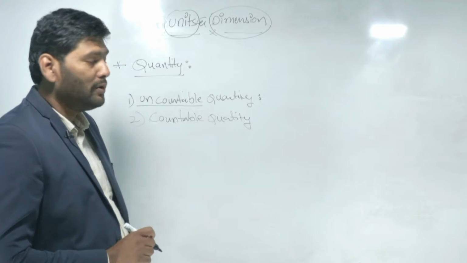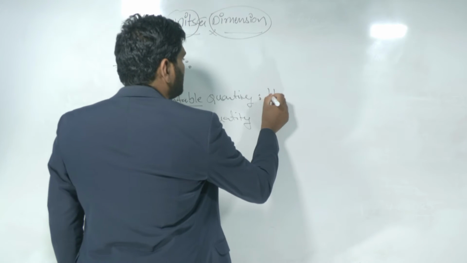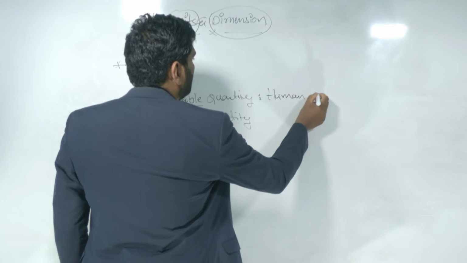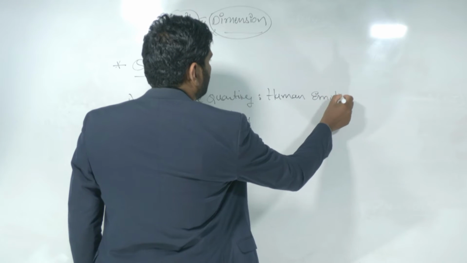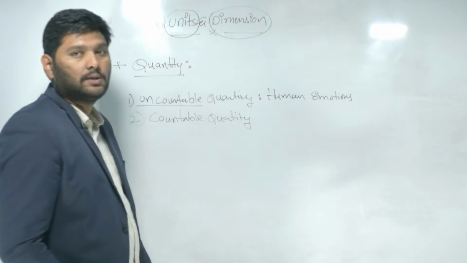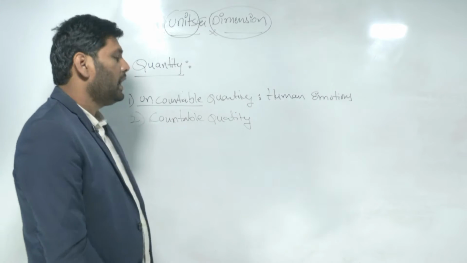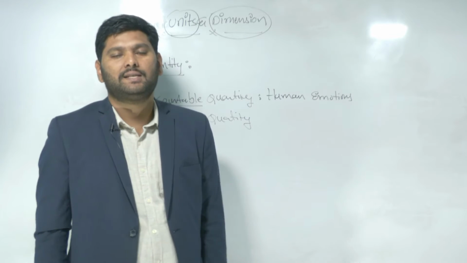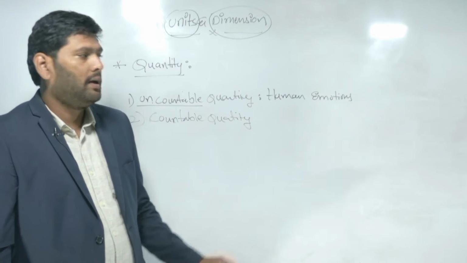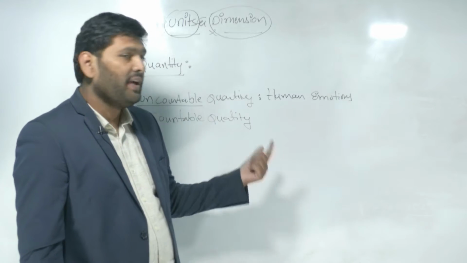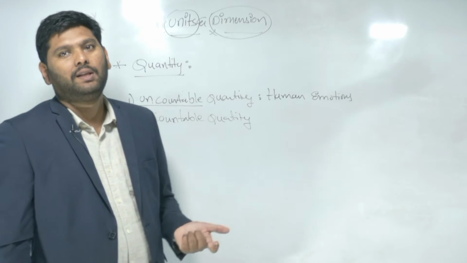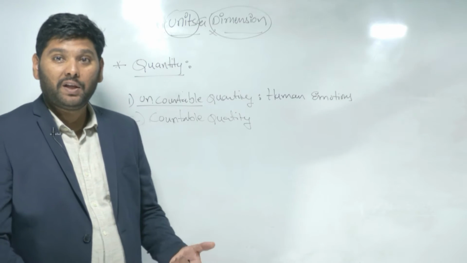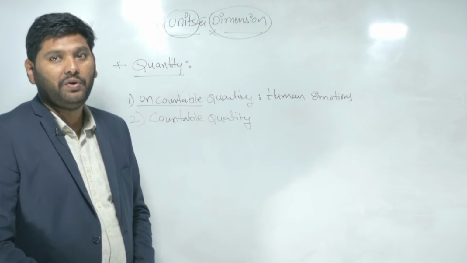Example for uncountable quantities? Human emotions. Human emotions are the best example of uncountable quantity. Angriness, greediness. Understand? Next, faith. Faith is also an uncountable quantity. How much faith you have, we don't know.